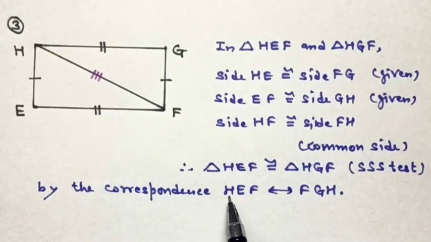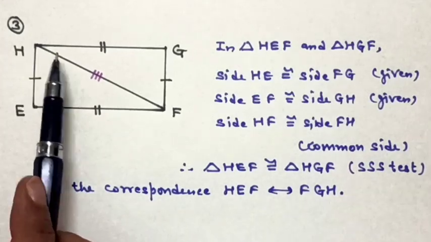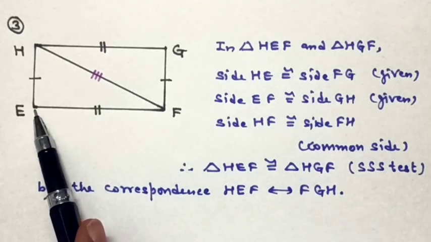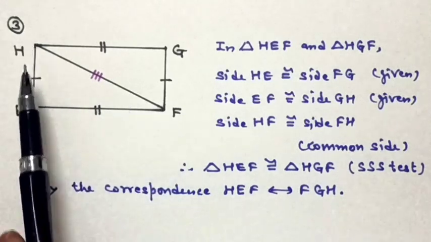By correspondence HEF is to FGH: H goes to F, E goes to G, and F goes to H. You try to take such a type of figure, cut it, and then remove the two triangles, mark the vertices, and try to cover each other, and let's check which are the vertices corresponding to each other.